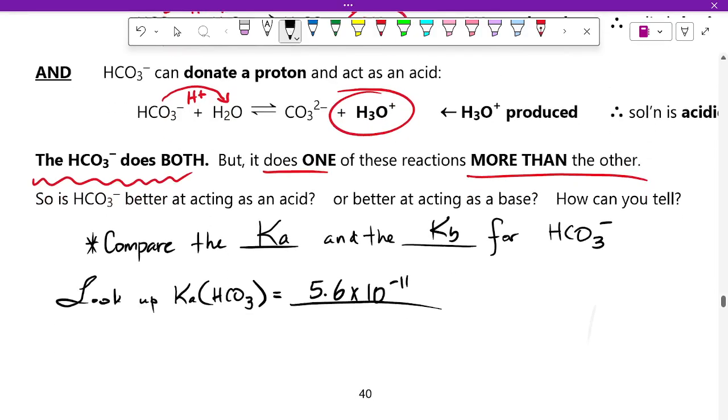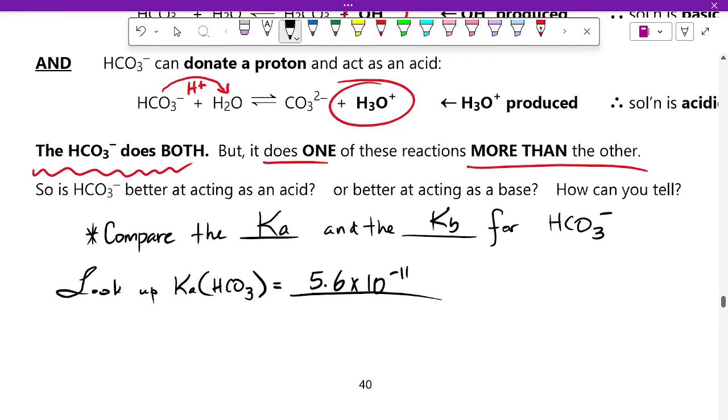Is there a table where you can look up Kb? No. How do you find Kb? What's the formula for finding a Kb? Tell your partner.